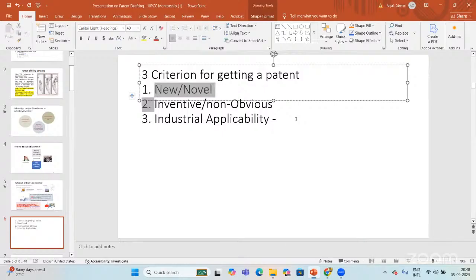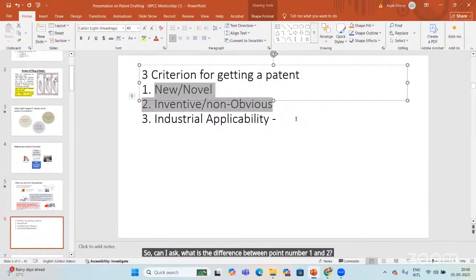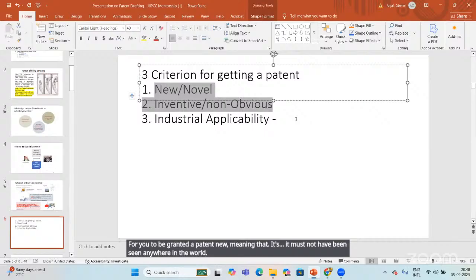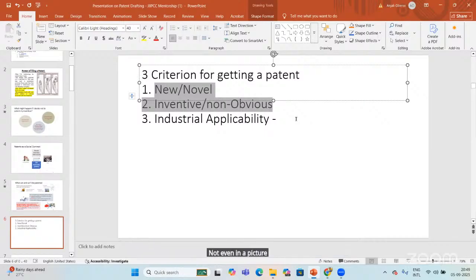Can I ask what is the difference between point number 1 and 2? Anyone? I think I have an idea about that. Feel free to tell, please. When something is new, for you to be granted a patent, new means that it must not have been seen anywhere in the world, not even in a picture or someone using it in the past.